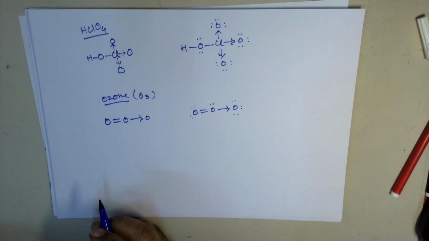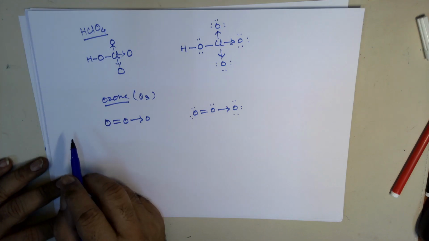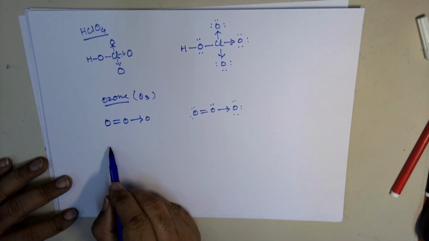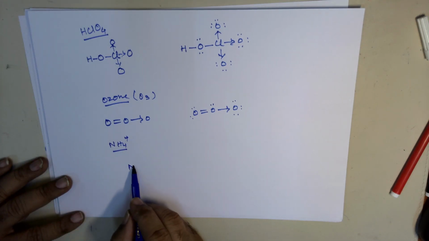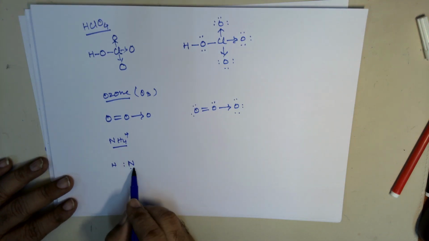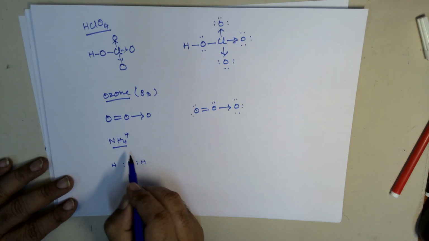Very good. Okay. Now, shall we try ammonia? Ammonium, right? So, what is ammonia? NH3 only. So, N, and you got hydrogen, hydrogen, hydrogen, and with a lone pair.